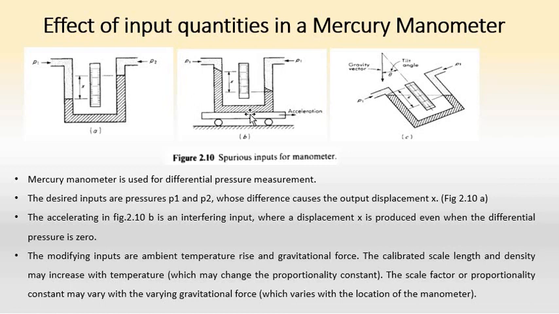Due to this differing gravity, the scale factor or proportionality constant may vary, and we will get an error output in the scale. So this is also a modifying input. The desired inputs are the two pressures, the interfering inputs are acceleration and tilting, and the modifying inputs are ambient temperature and gravitational force.